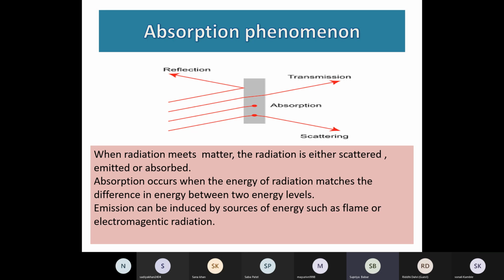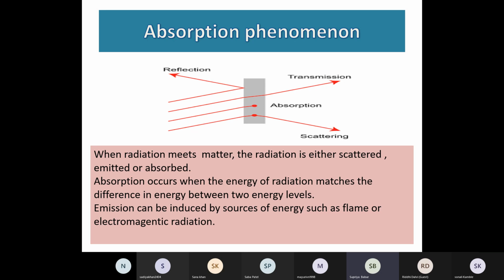On that basis, they will absorb radiation of different wavelength, and also to a different extent. So it depends on the molecular structure.